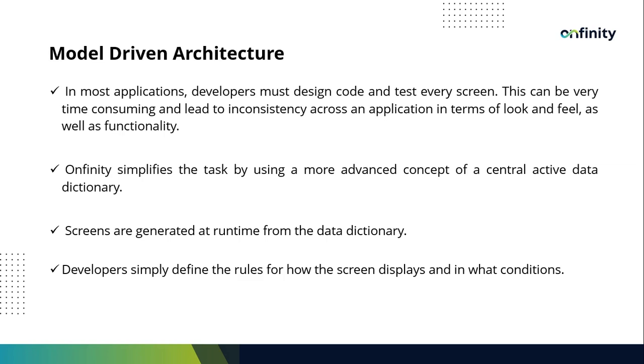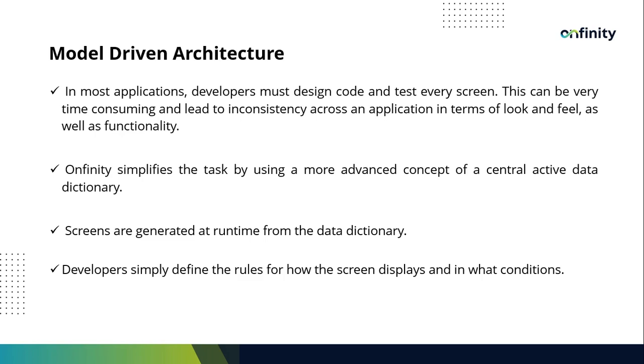Onfinity simplifies the task by using a more advanced concept of a central active data dictionary. Screens are generated at one time from the data dictionary. Whatever rules or configuration is done in the application dictionary, the screens are generated on the fly. There is no need to test each screen because the rules are configured.